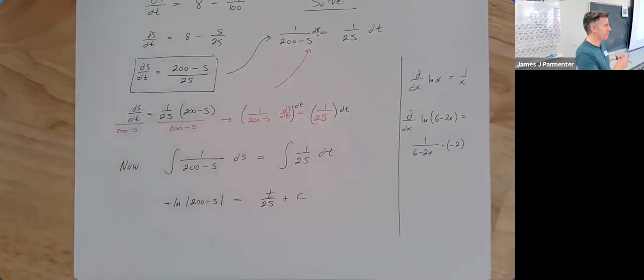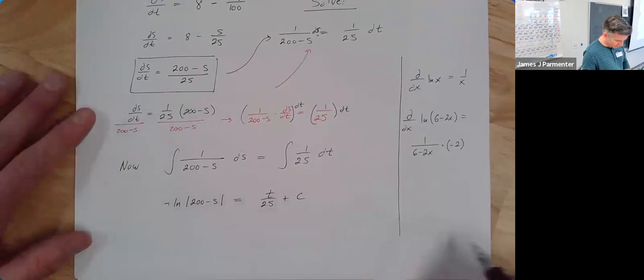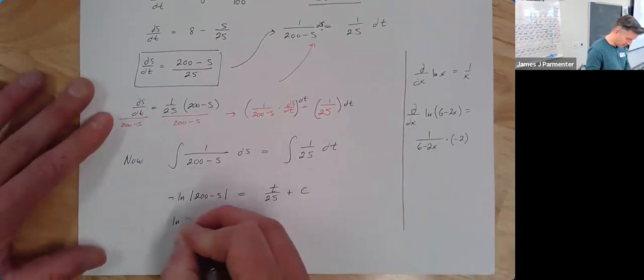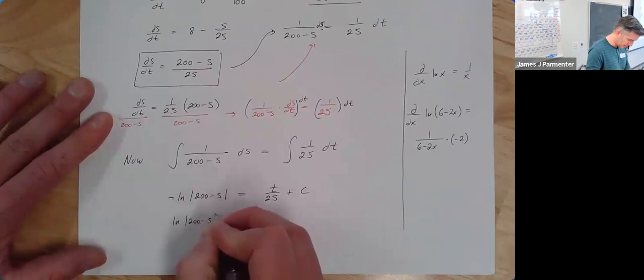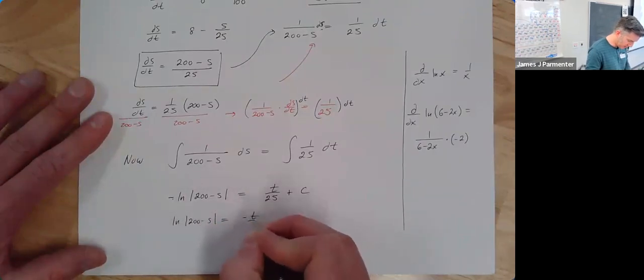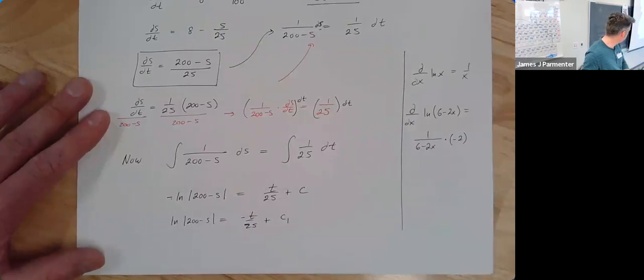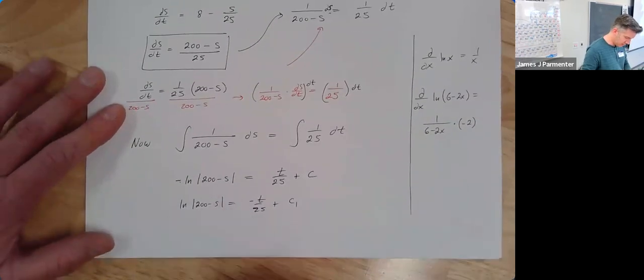The short answer is you divide by the coefficient of your variable when you're doing this kind of reverse chain rule thing. All right, solving for s. I'm going to multiply both sides by -1, with the natural log of the absolute value of 200 minus s equal to negative t over 25 plus a new constant, let's call it c1, and then exponentiate both sides.